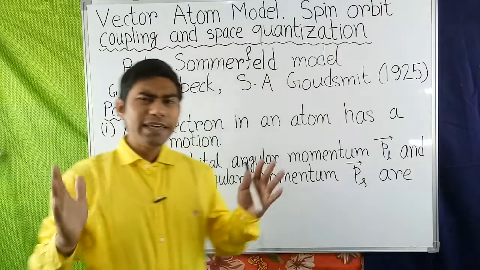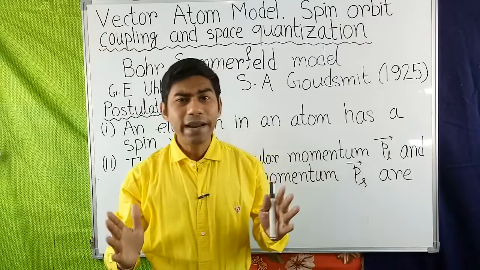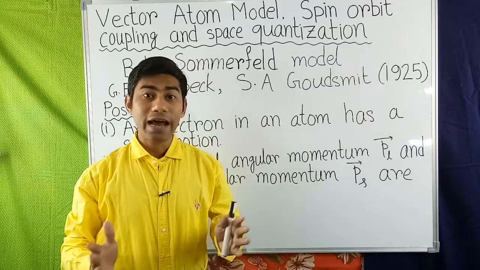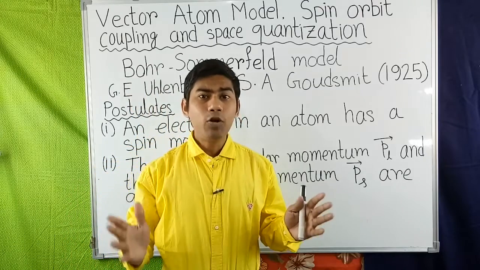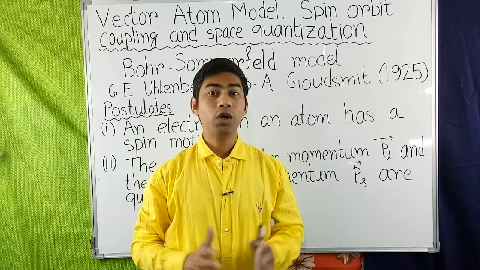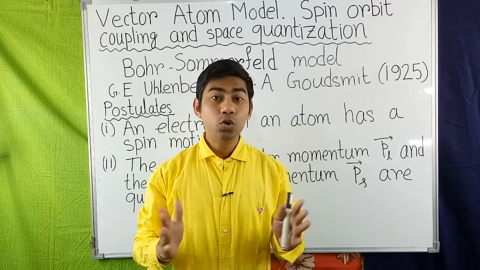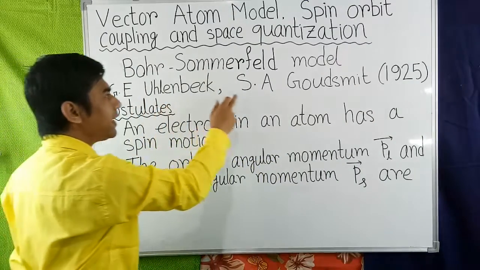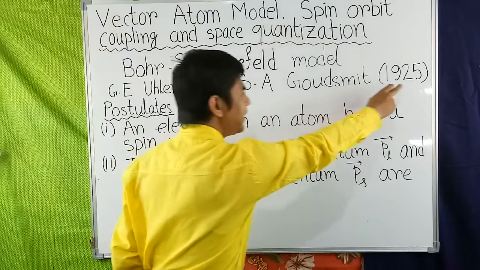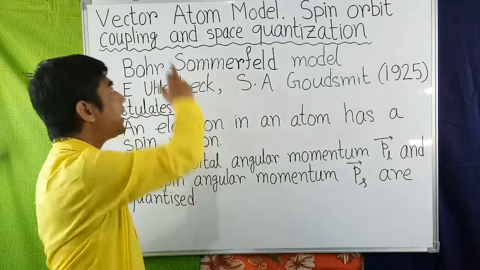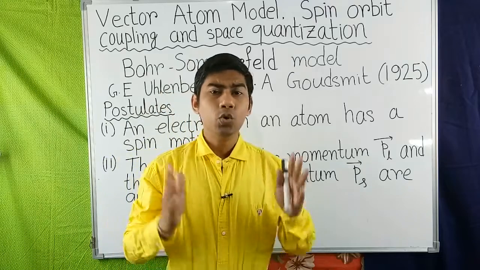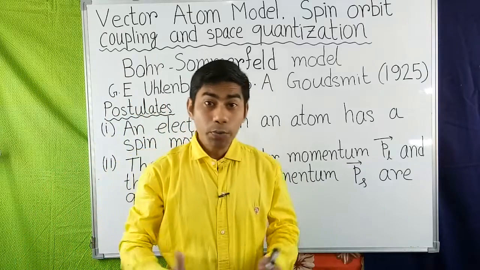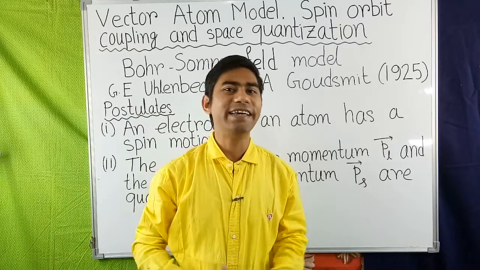The Bohr-Sommerfeld model is inadequate to explain several observed facts such as the multiplet structure of lines of alkali spectra, anomalous Zeeman effect, etc. To explain these facts, two Dutch physicists G. E. Uhlenbeck and S. A. Goudsmit in 1925 proposed the vector atom model, which is an extension of the Bohr-Sommerfeld model by incorporating into it two new ideas.